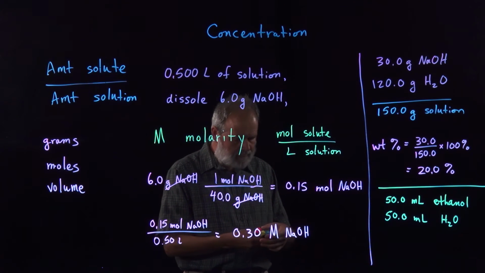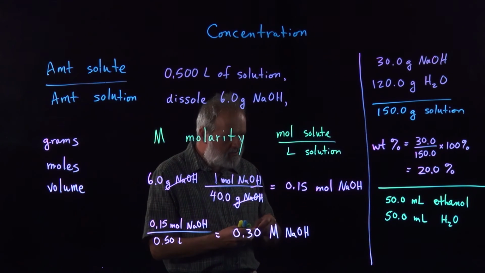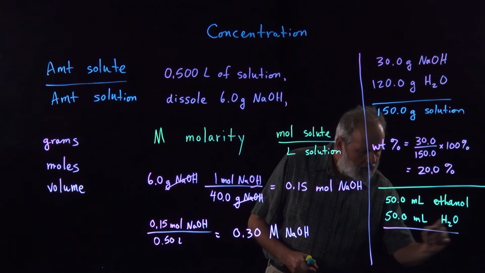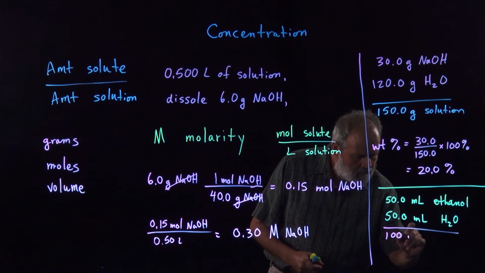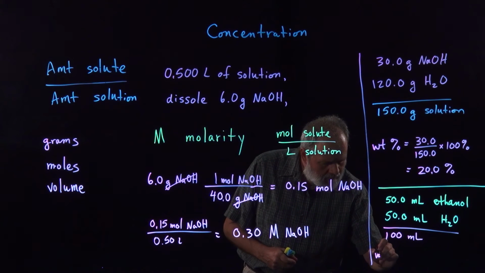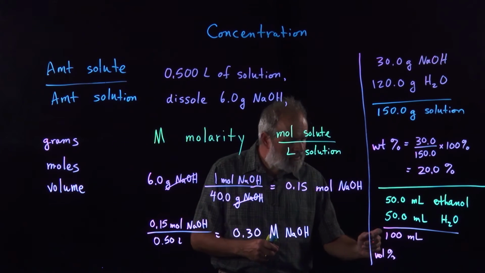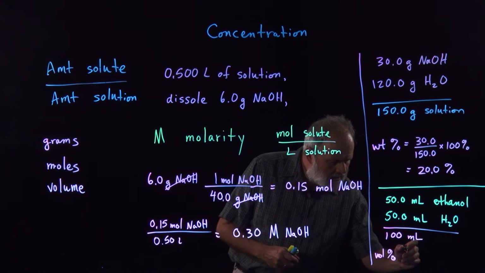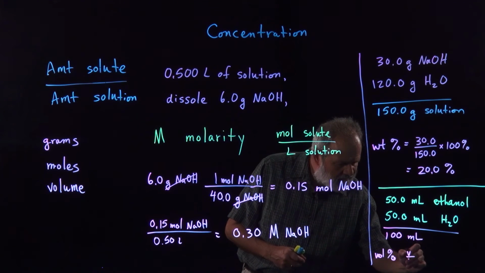And so the total volume is 100 mils. And so the volume percent, which is usually written as volume divided by volume.